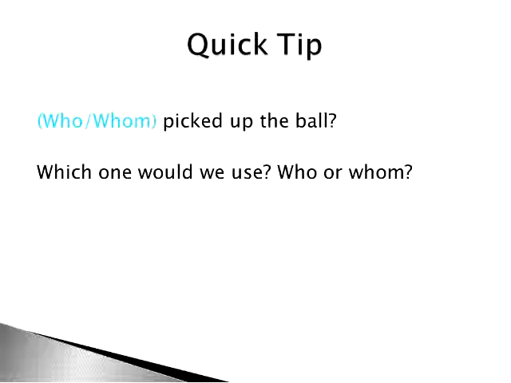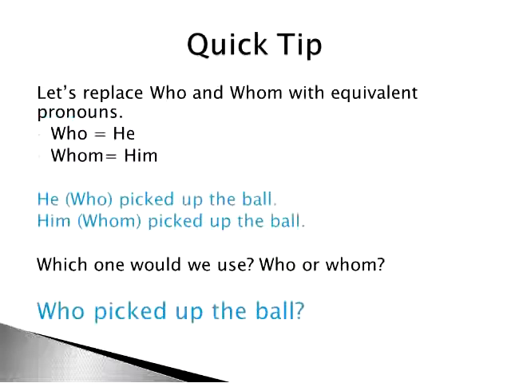That would be correct, but you have that trick. You can replace it with one of the subject pronouns and then the object pronoun. So who would be he, or she, whatever you want to use.